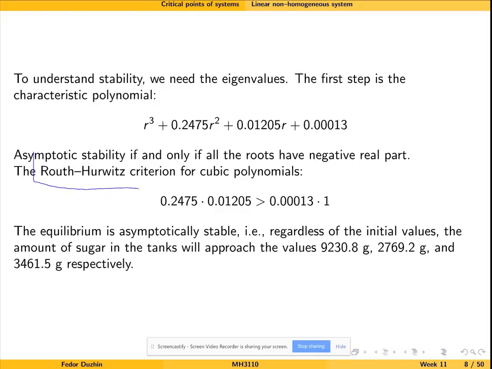For cubic polynomials, it means that we take the coefficient at r squared and the coefficient at r and multiply them together, and then we take the coefficient at r cubed and the constant term and multiply them together, and the product of the first two must be bigger than the product of the second two. Here it is true, which means that the equilibrium position is asymptotically stable.